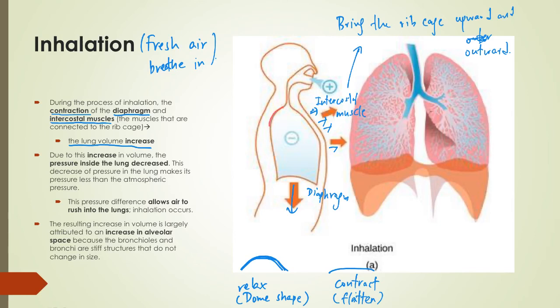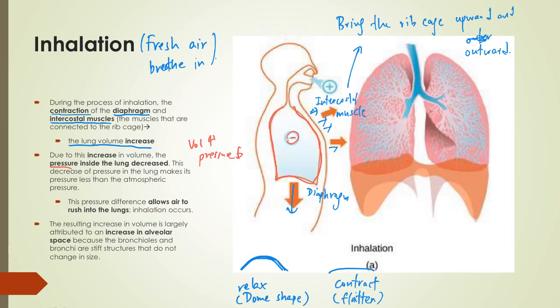So this volume is larger than before. How does it affect the air pressure inside? As we mentioned just now, when you increase the volume, the air pressure would decrease. That's why here shows a minus.